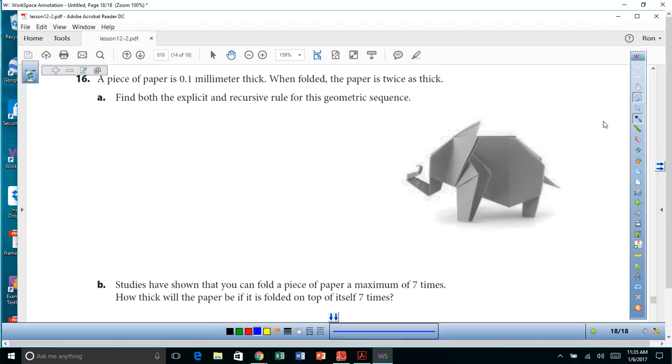So we're going to let n equal the domain, the number of folds, starting with 0 folds.